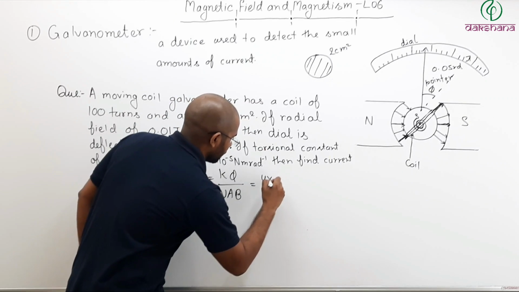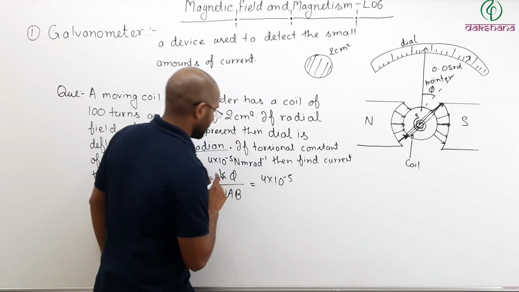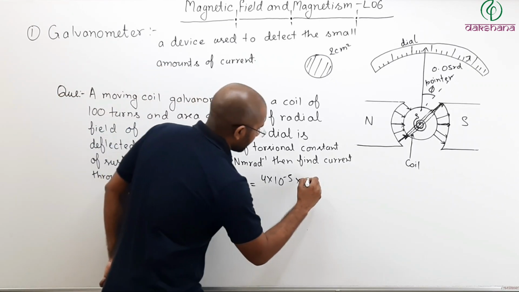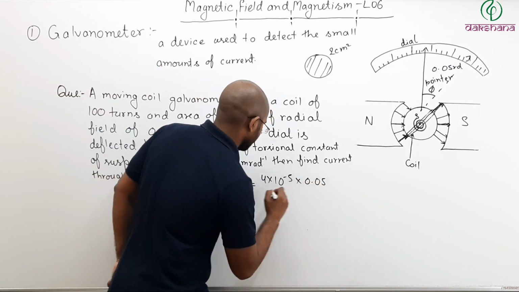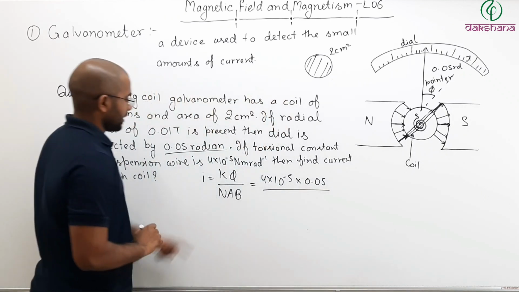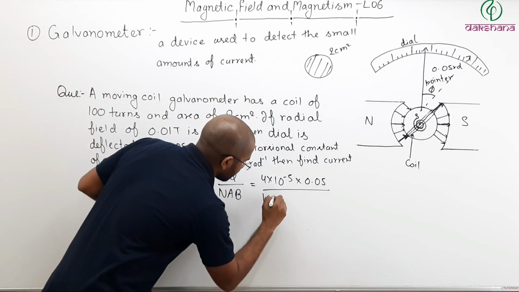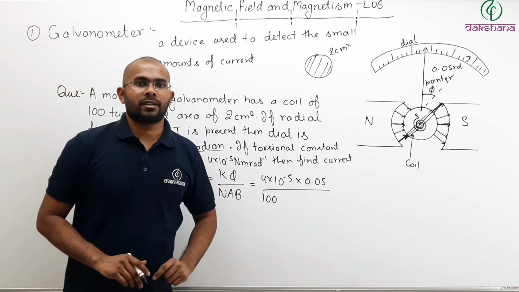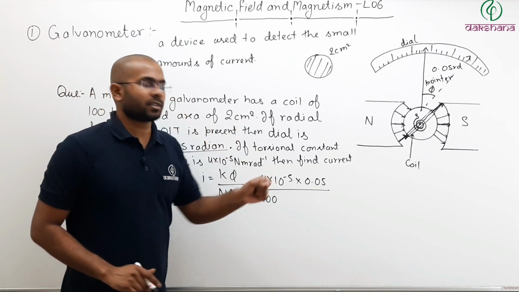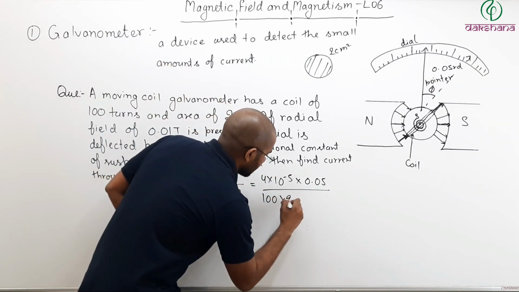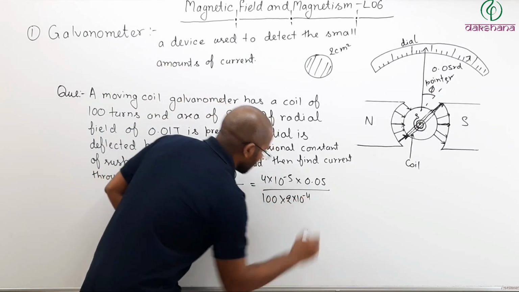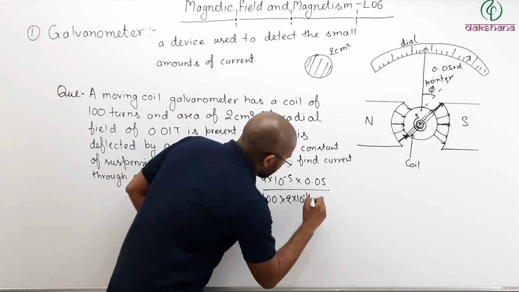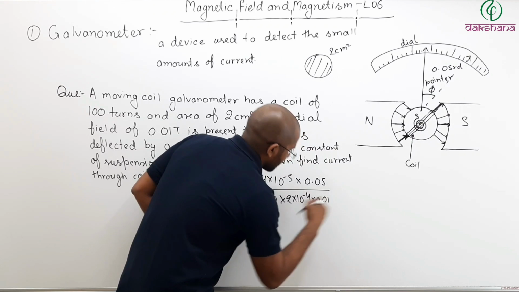So 4 into 10 to the power minus 5 K multiplied by phi. Phi is 0.05 radian. Remember, phi is to be put in radian. Divided by N. N is 100. A. Area is written as 2 centimeter square. We will have to convert it into meter square. So multiplied by 2 into 10 to the power minus 4 meter square. Magnetic field. What is the magnetic field? 0.01 Tesla.